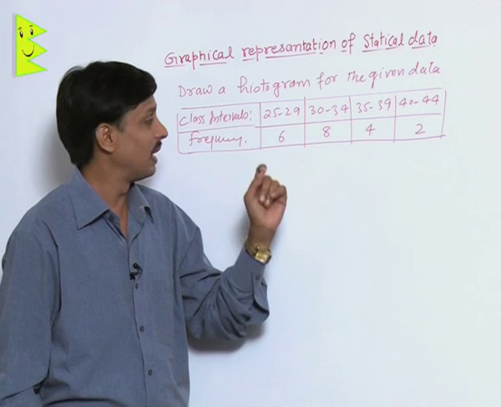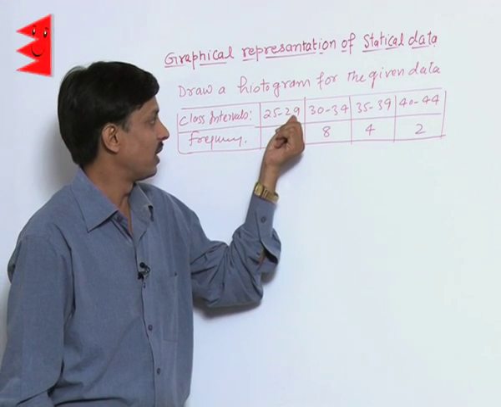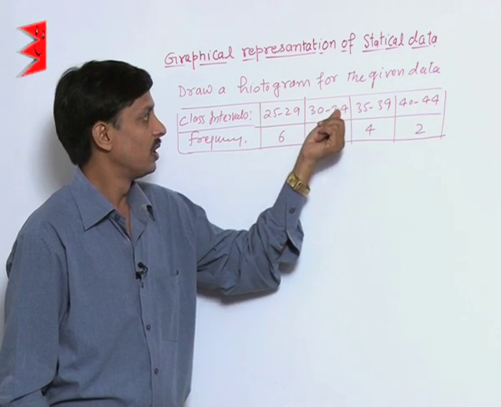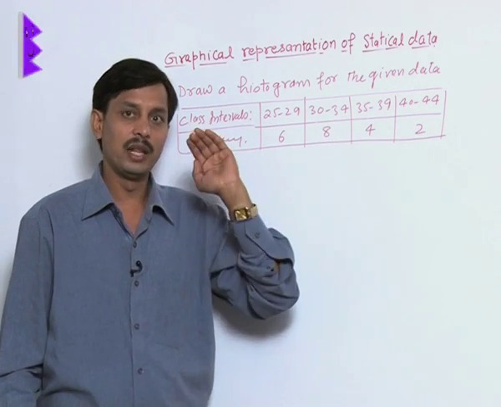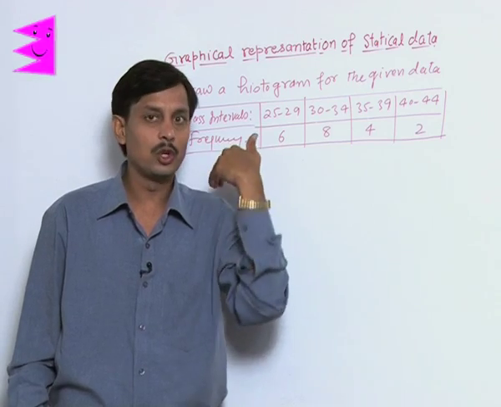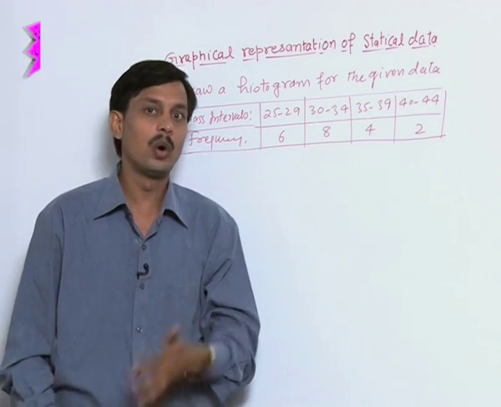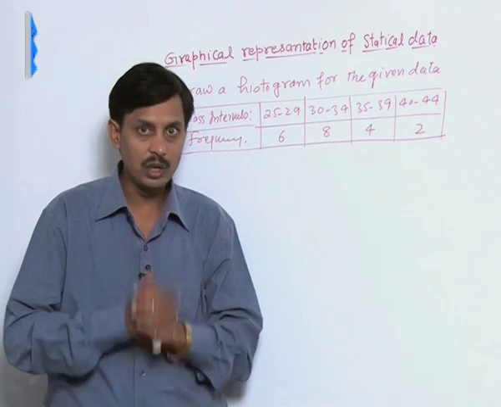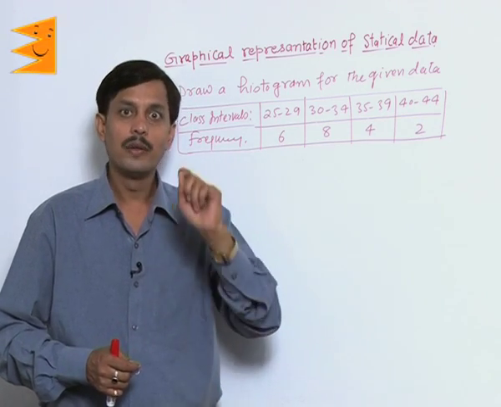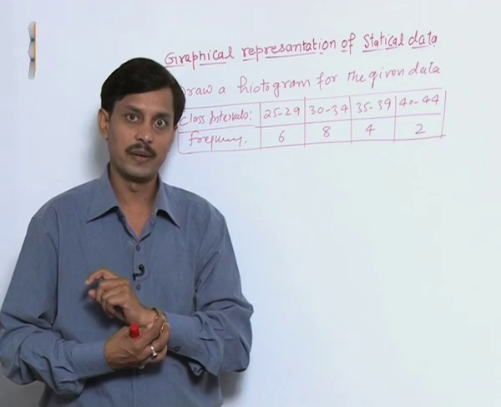That is, intervals have been discontinued. That is, here 29, then 30, 34, 35, 39, 40. When the upper limit of the previous is not the same as the lower limit of the next, it is known as inclusive or discontinuous data.